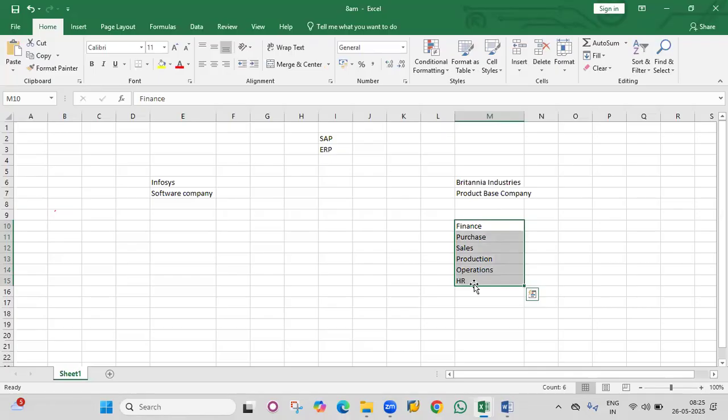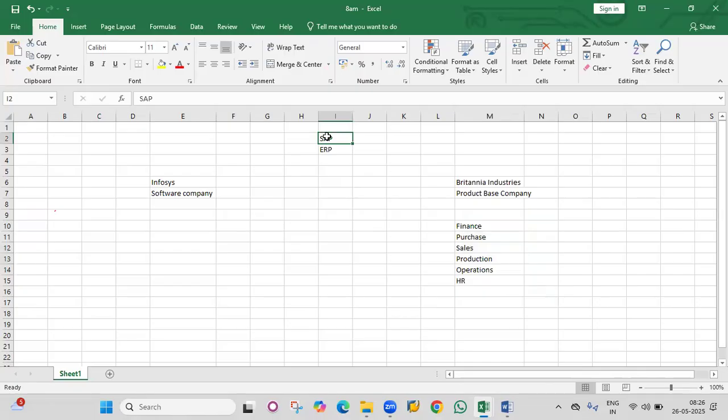Finance people cannot do the manufacturing. Production people cannot do the purchasing. The employee skill set will be different in each department. In the same way, one SAP consultant cannot run the complete system or solution.